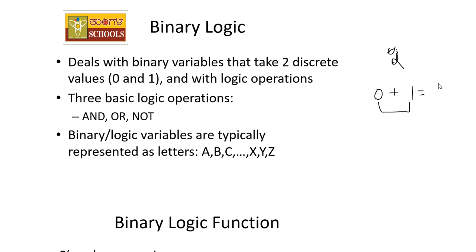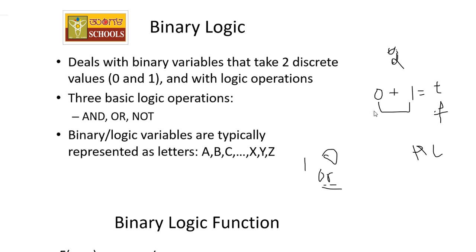The result may be true, which I write as T, or false, which I write as F. Or you can call the result high or low, or 1 or 0. This is how binary logic works, right?